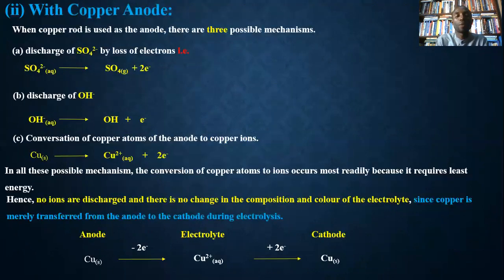Now, when you use a copper electrode, there are 3 possible reactions or mechanisms that can occur. One likely mechanism is the discharge of SO4 2- by loss of electrons, which would form SO4.